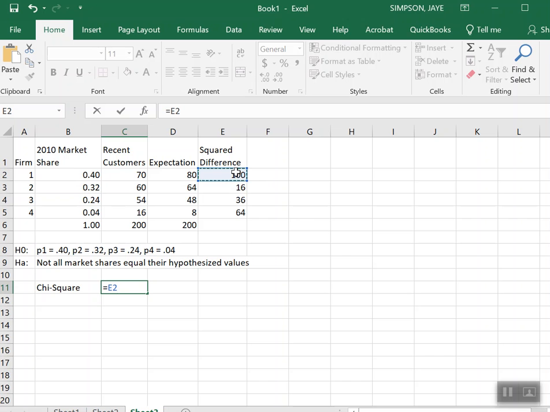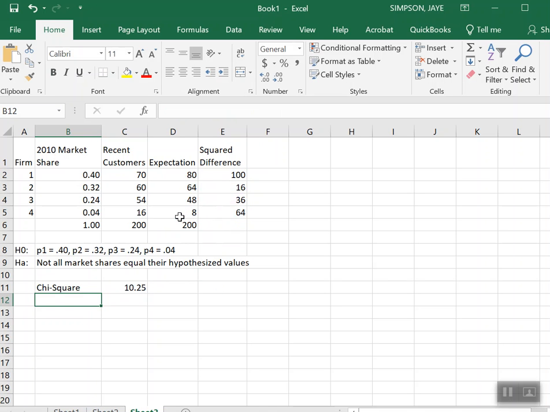So it's the squared difference for firm 1 divided by the expectation of firm 1, plus the squared difference of firm 2 divided by the expectation of firm 2, plus the squared difference of firm 3 divided by the expectation of firm 3, and finally plus the squared difference of combined 4 and 5 divided by the expectation of 4 and 5.